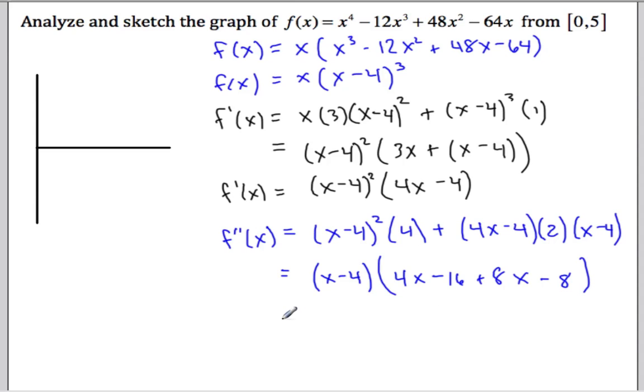Okay, so then we get x minus 4 times 12x minus 24. All right.